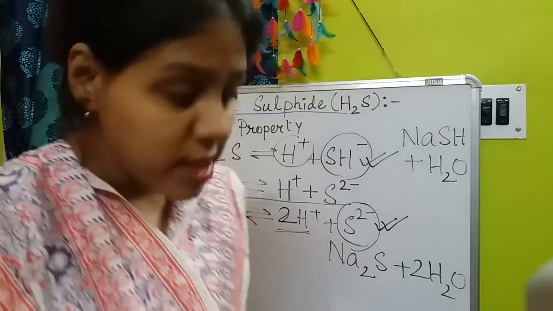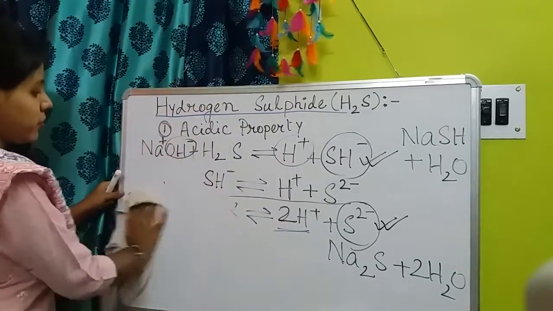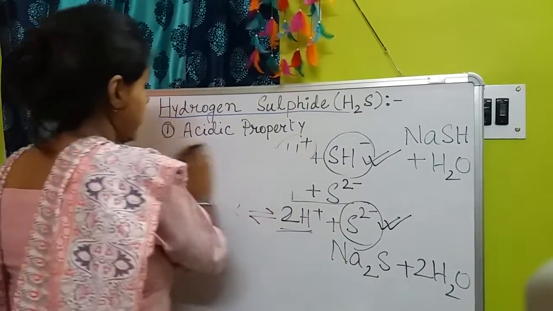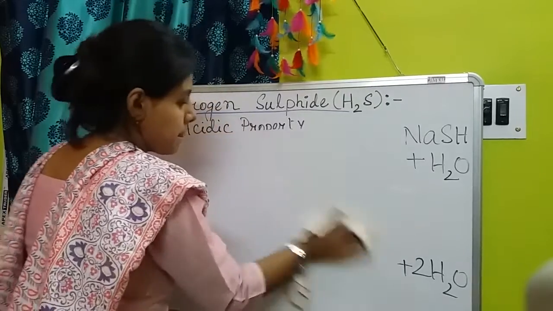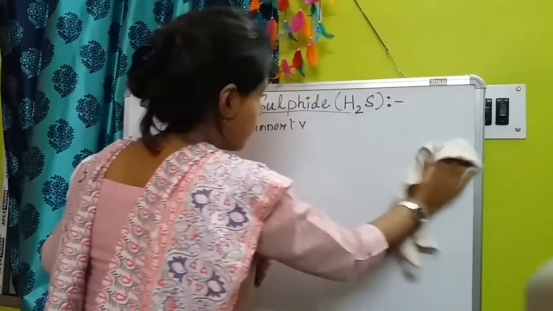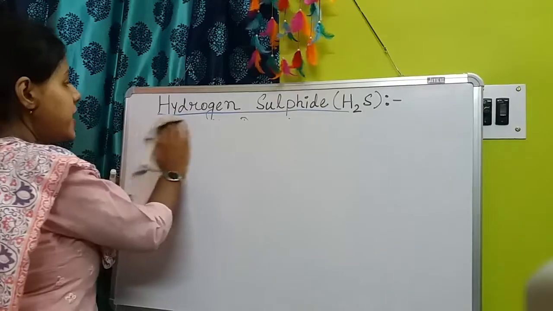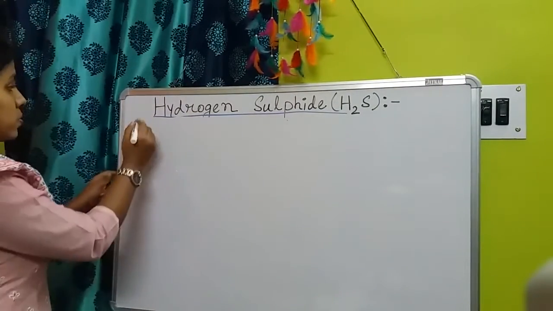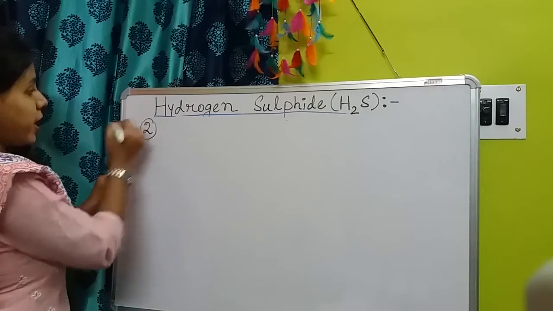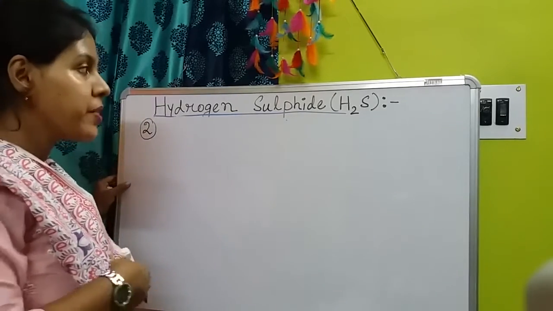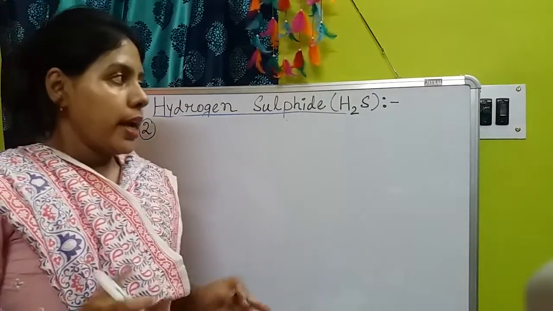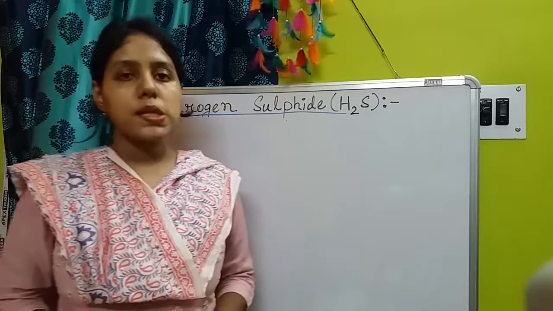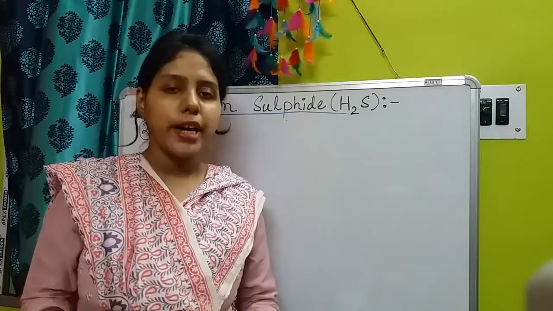Okay. So next is number 2, that is reaction with oxygen. Now H2S could react with oxygen in excess amount or in lower amount.